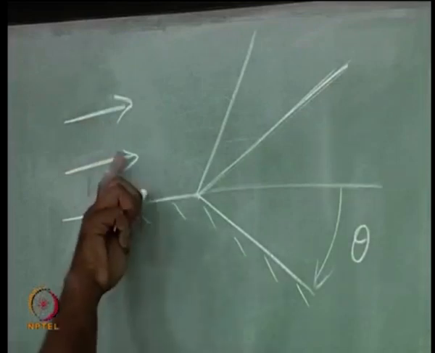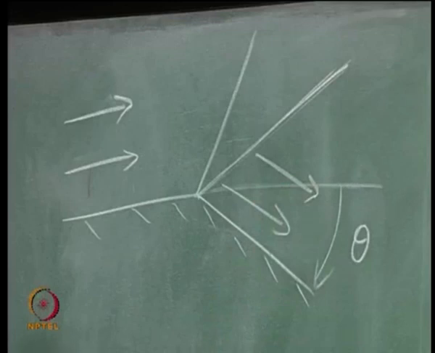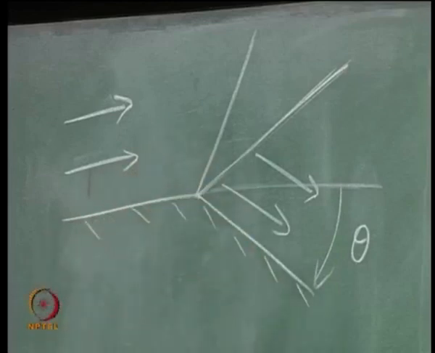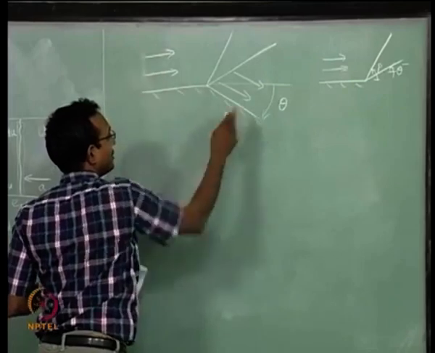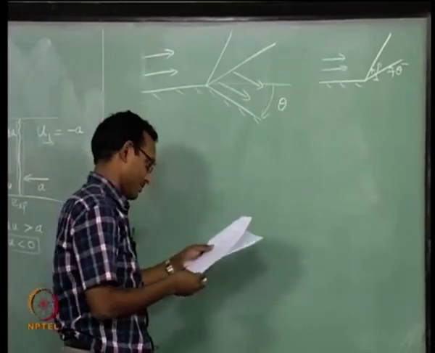Now, after this whole thing, the flow turns this way, and since we already did this in 1D, that after the expansion is experienced the flow accelerates, I can actually put that these velocity vectors are shorter than these velocity vectors. I can give that already here. We will keep it that way.